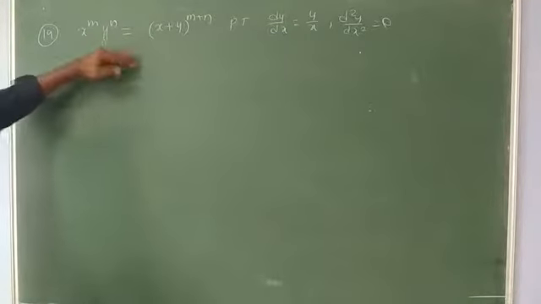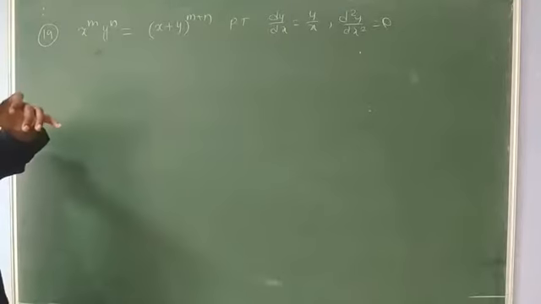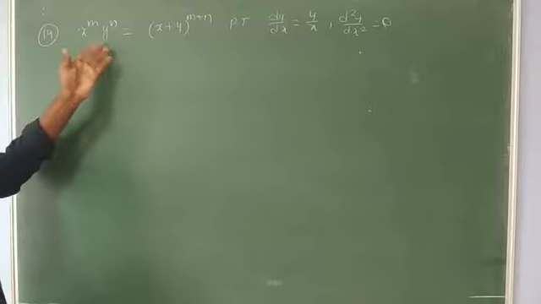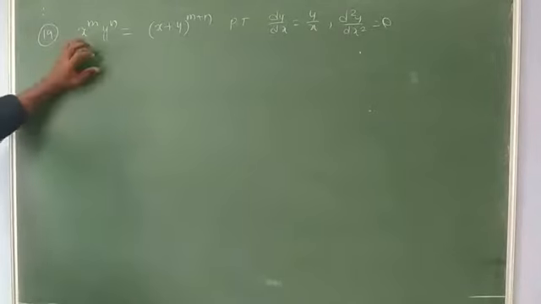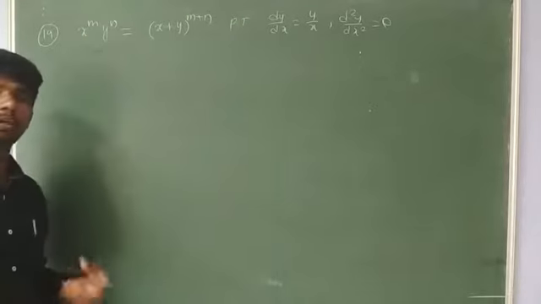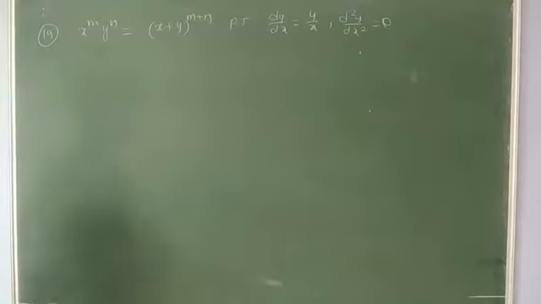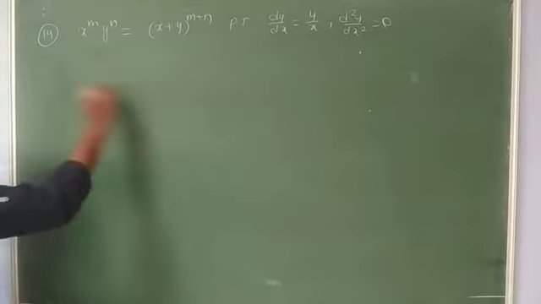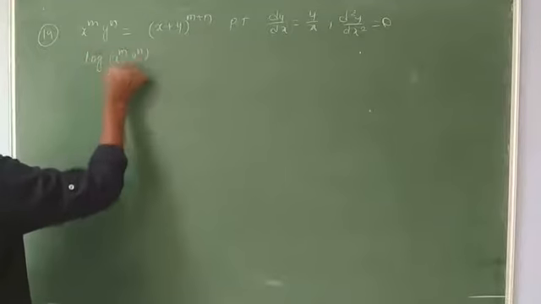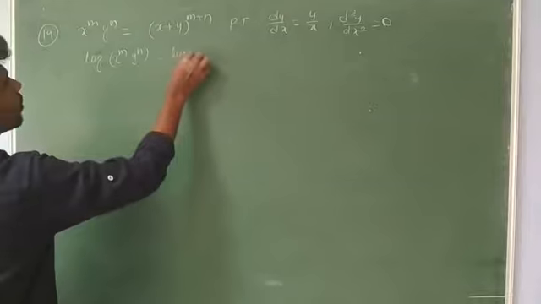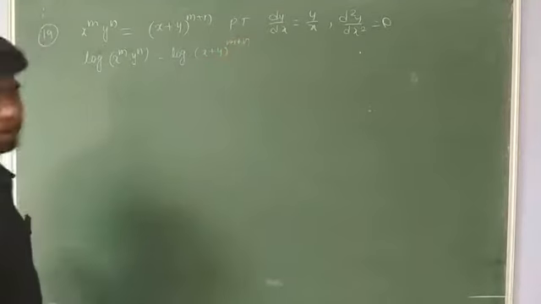You see here x to the power of m into y to the power of n is equal to x plus y whole to the power of m plus n, product form, and it contains too many things. So by seeing this power forms, we should get what to apply. So first simplify this particular thing by applying logarithm. So if I apply logarithm, I get log x to the power of m into y to the power of n is equal to log x plus y whole to the power of m plus n.